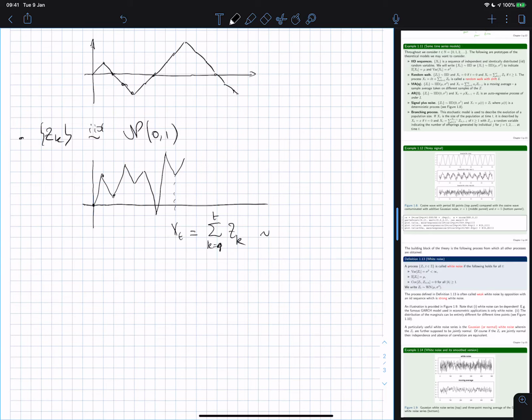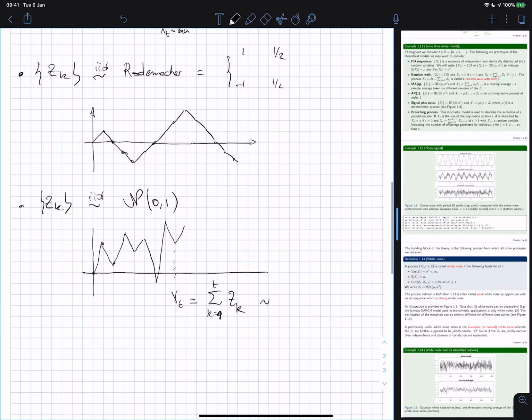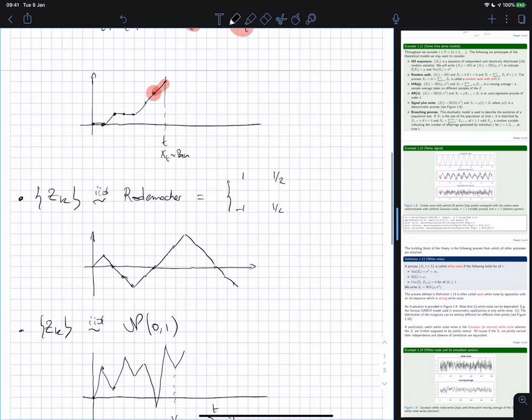Sorry, I just missed one thing. What's the distribution in the drawing above? Don't really know. It has a name. That's why I didn't ask it. It's the one that starts with an R. That's Rademacher.